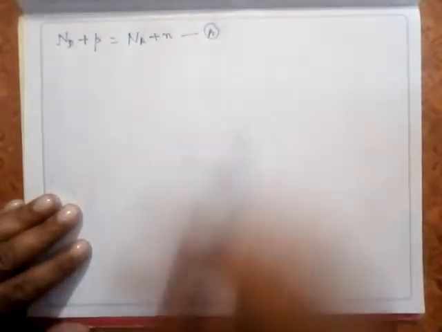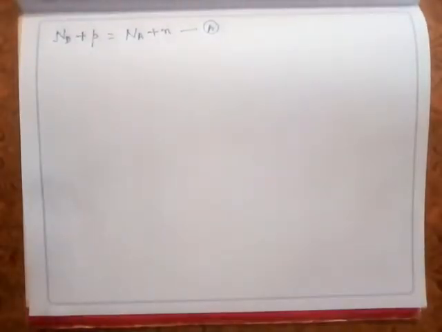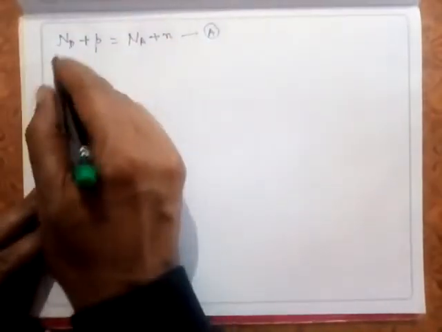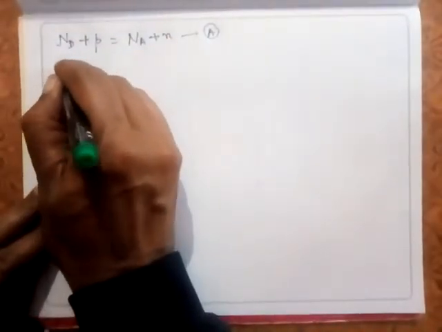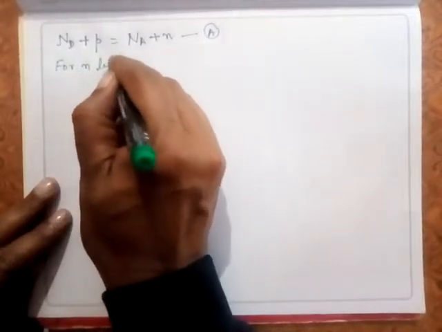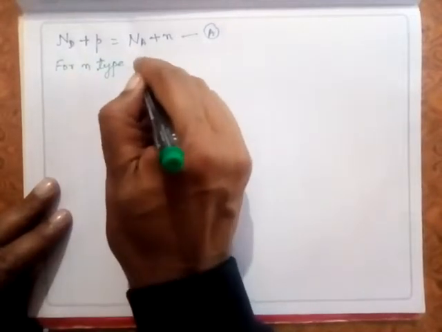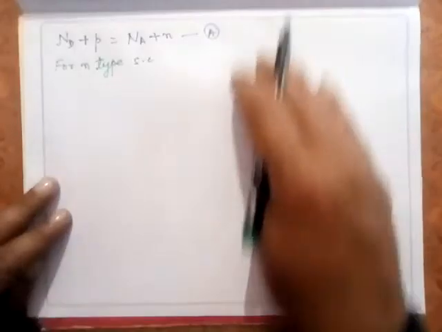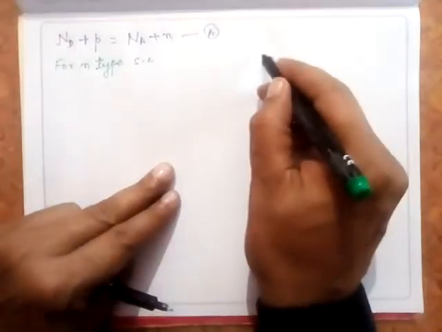I am interested in the charge densities. Now I'll take another heading: what will happen for N type semiconductor. Now how N type semiconductor is formed, just try to understand this.